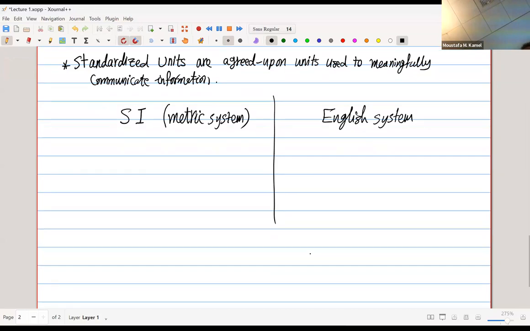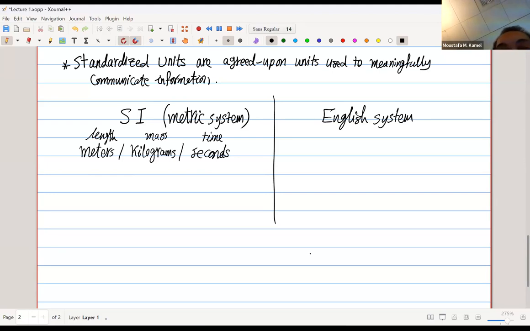SI system is the system that uses meters, kilograms, and seconds. That's for length, mass, time. All systems use seconds for time, but anyway.